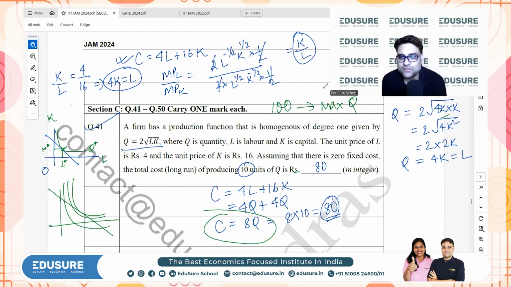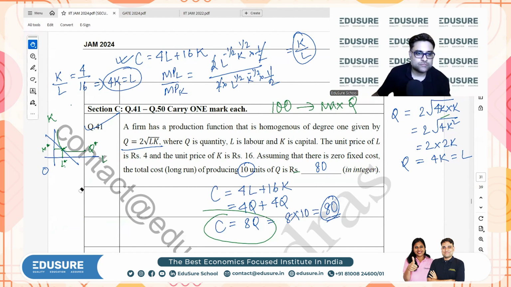That is why I'm equating the two slopes. Go back to consumer behavior. This is an extremely basic concept which you should be knowing. So I do that and I get my 80.